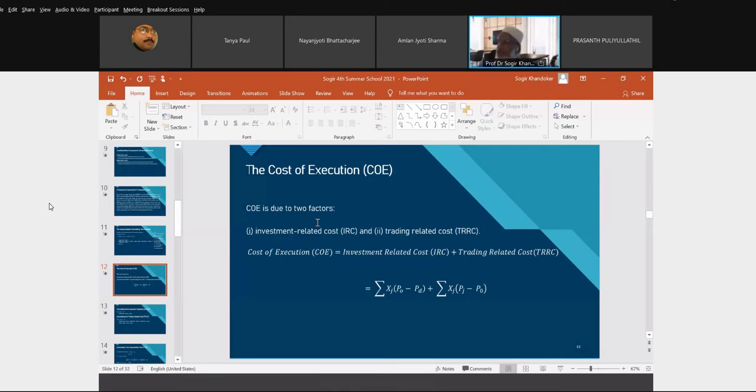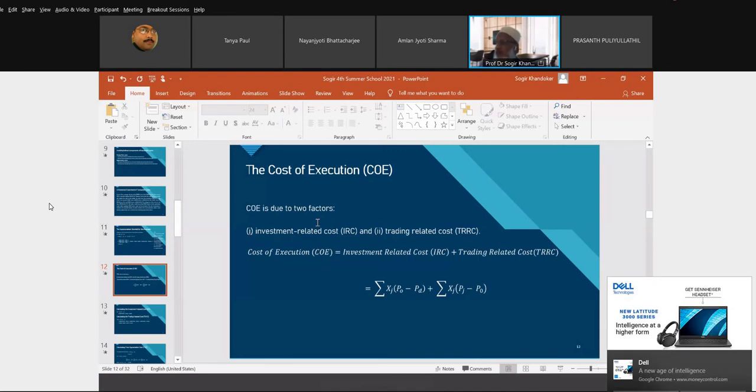As observed in the example, when the trader has decided to buy the stock, that is the decision to invest, the price PD is $10.